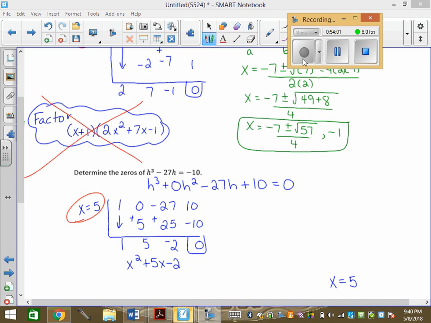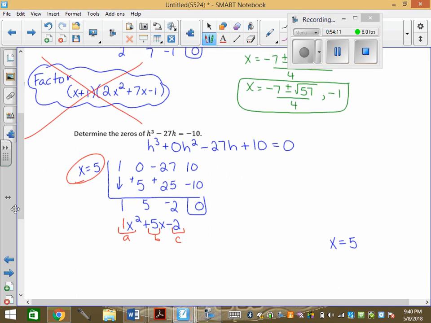I have to use the quadratic formula again because I can't factor this. So that's my A, that's my B, that's my C. So I'm going to get x equals -5 plus or minus the square root of 5 squared minus 4 times 1 times -2 all over 2 times 1.